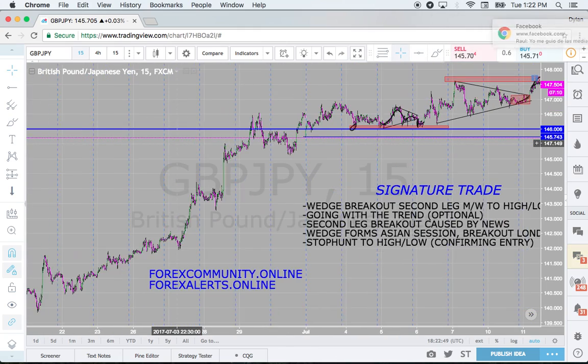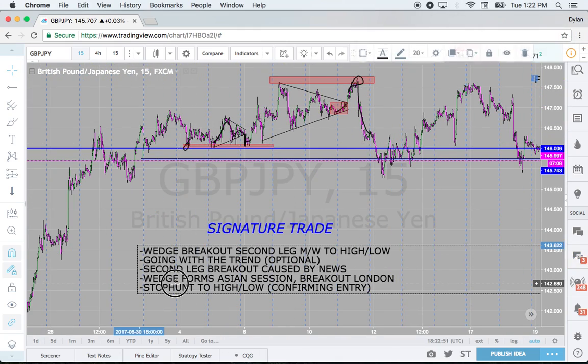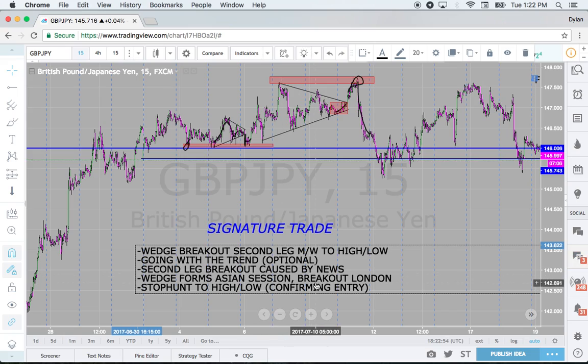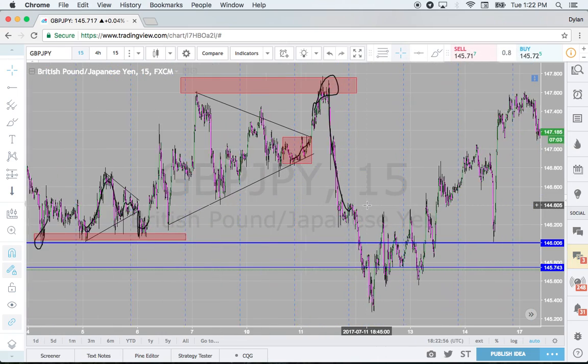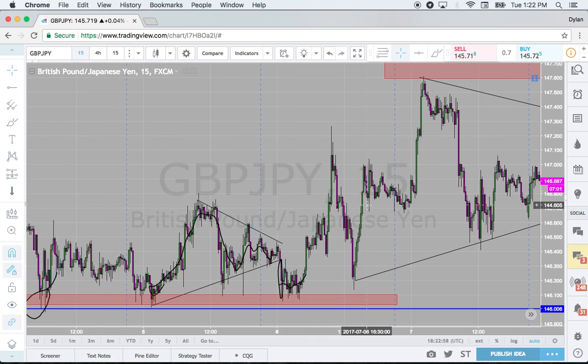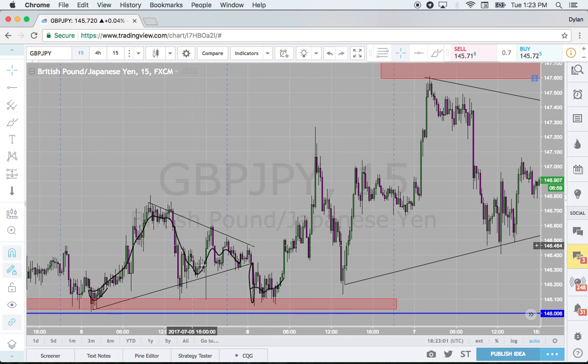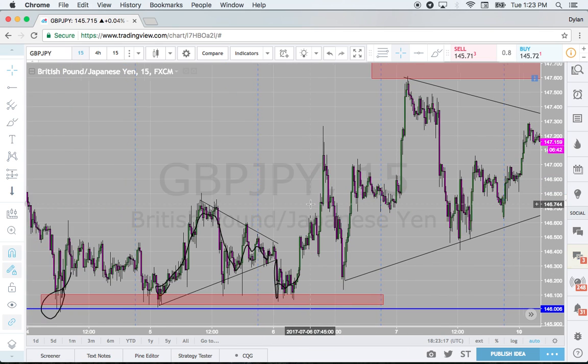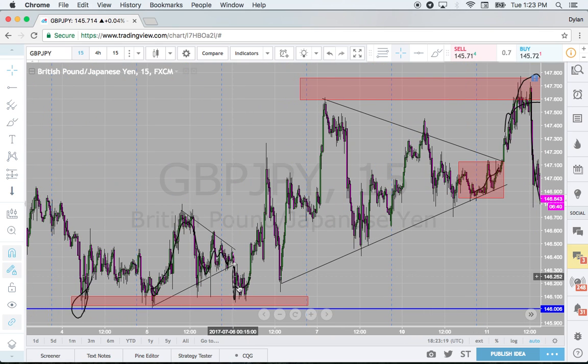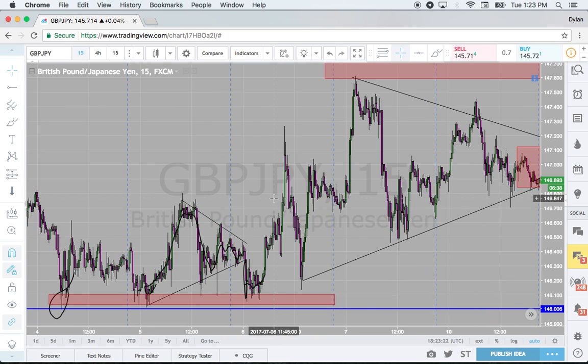Alright, so the wedge forms Asian session, breakout occurs London session. This is exactly what I was talking about. The tip of the wedge a lot of times will form Asian session, and then the breakout will be at the end of Asian session or the beginning of London session, and then London session, they will reverse the market against the trend, or I should say against the retail traders' positioning.